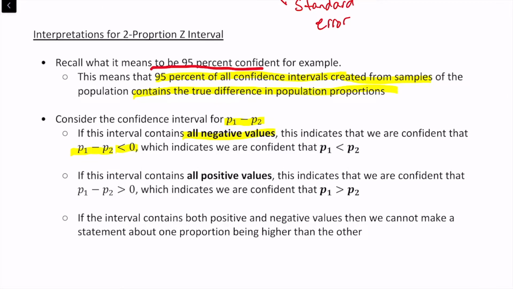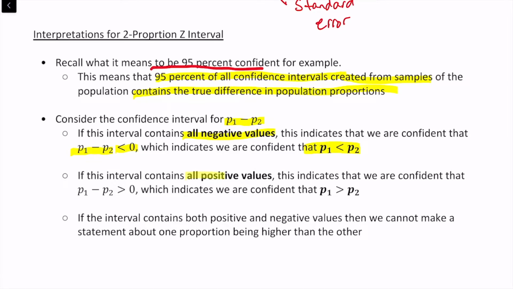That's what it means to be negative. If I add P2 to both sides, this means that we are confident that P1 is less than P2. So that's the connection there. If we get all negative values in our confidence interval, we are confident that P1 is less than P2.